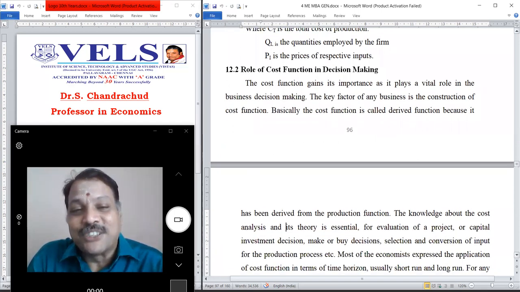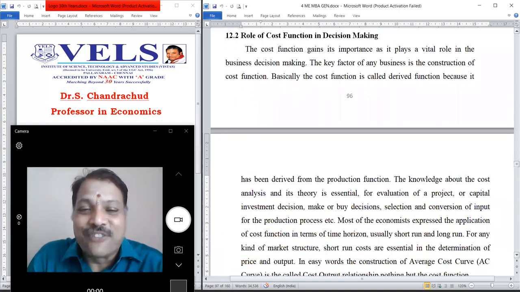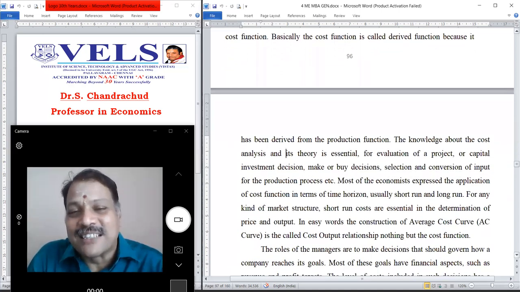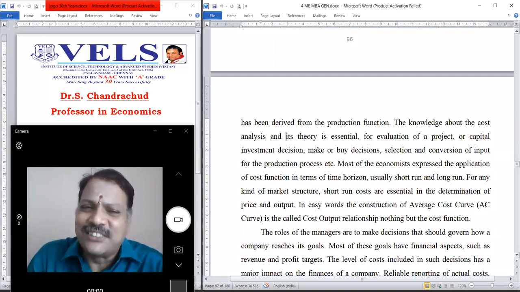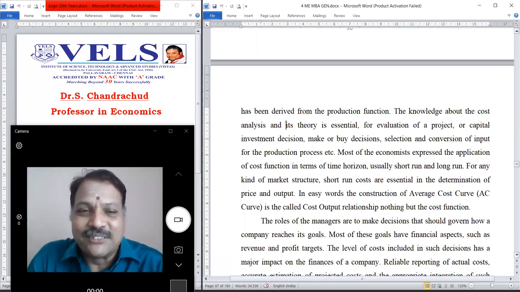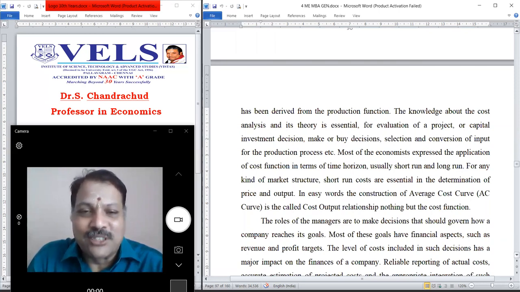Basically, the cost function is called a derived function because it has been derived from the production function. The knowledge about the cost analysis and its theory is essential for evaluation of a project or a capital investment decision or make or buy decision, selection and conversion of input into required output in the production process, and so on.